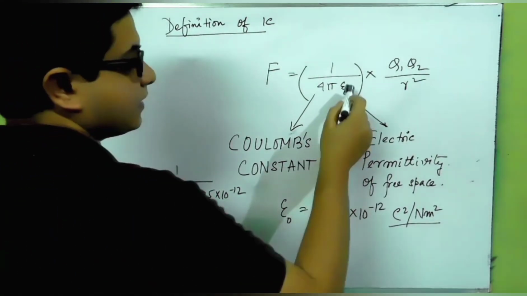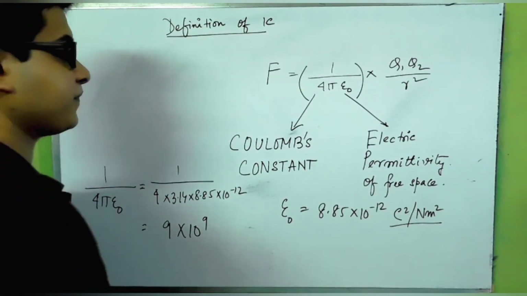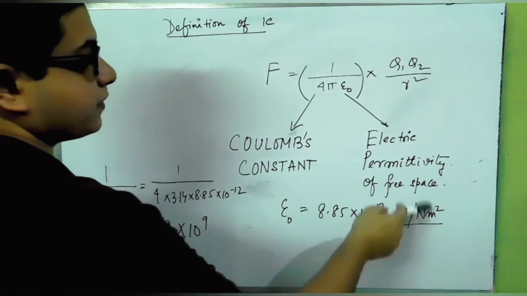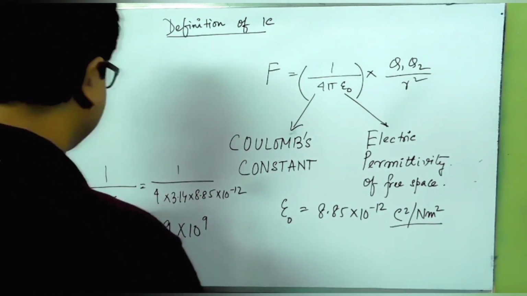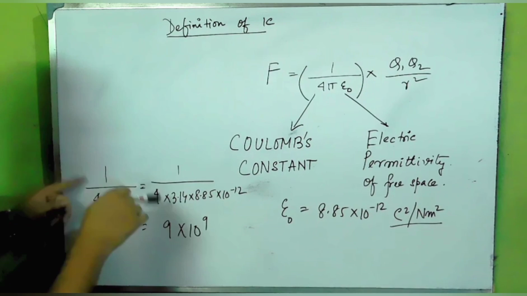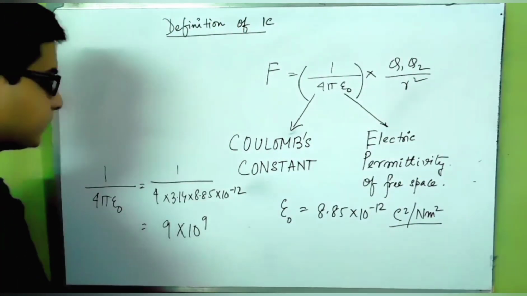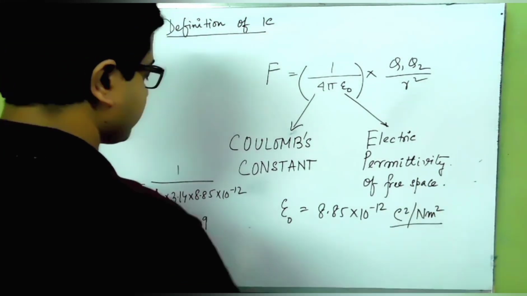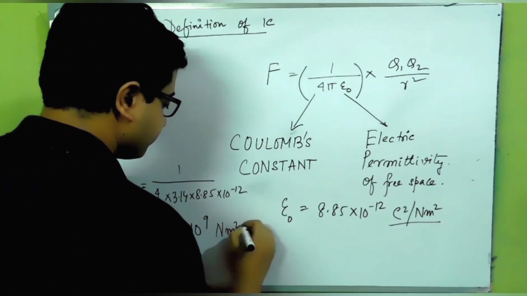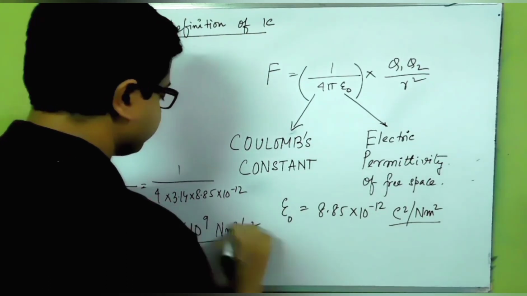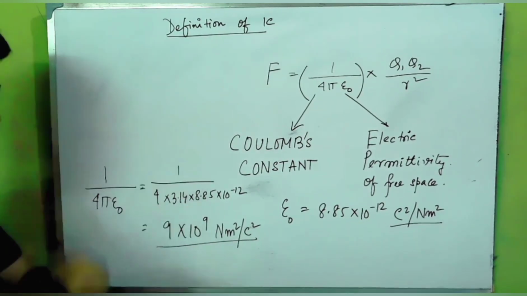Now you can see that the electric permittivity is in the denominator of the fraction, and as the unit of epsilon is Coulomb square per Newton meter square, the unit of Coulomb's constant is going to be the reciprocal of this. So the unit is just inverted, and the unit is Newton meter square per Coulomb square. So this is the unit of 1 over 4 pi epsilon naught, or Coulomb's constant.